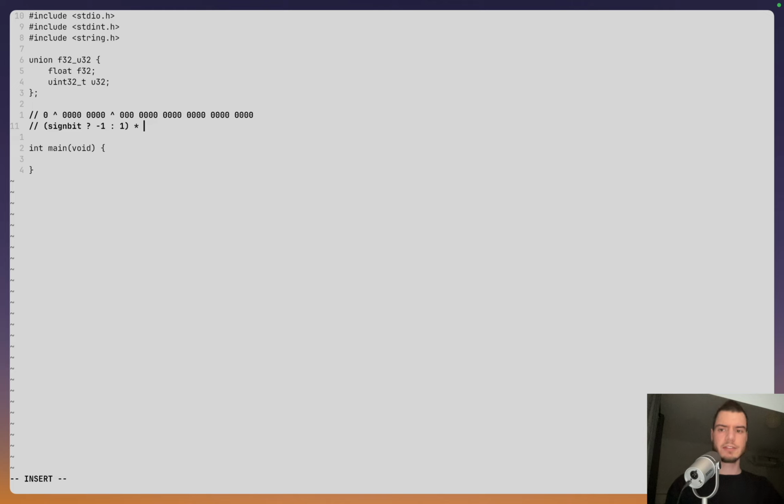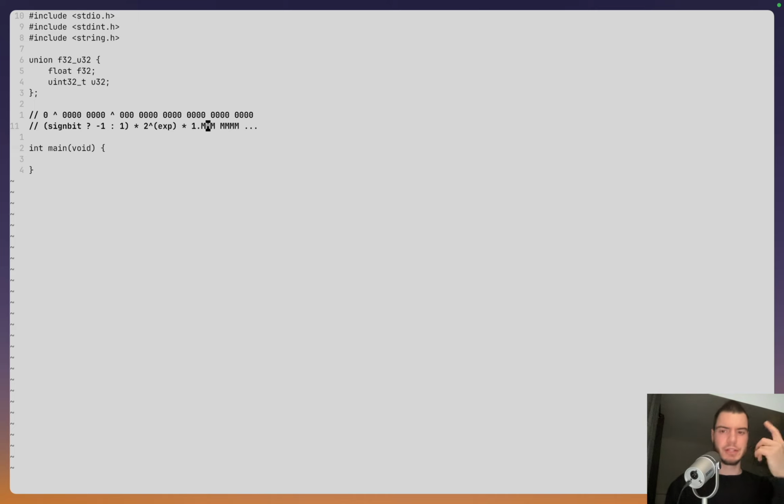And that rest is going to be calculated by taking 2 to the power of our exponent times 1 point, and then our 23 mantissa bits. So we have 1 point and then a series of bits.